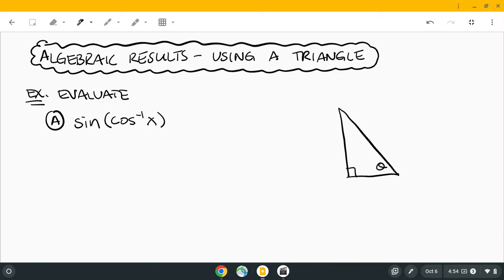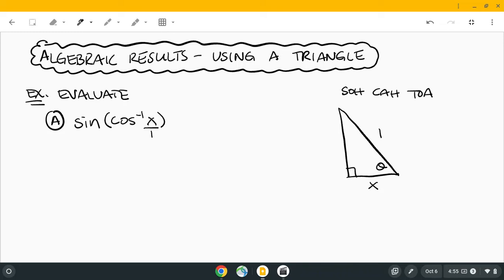All right, so here's my angle, and I know that, again, we're going to use SOHCAHTOA. All right, so cosine is adjacent over hypotenuse. We only have x here, but remember, this is the same as x over 1. Okay, so adjacent over hypotenuse. So adjacent is x, and hypotenuse is 1.